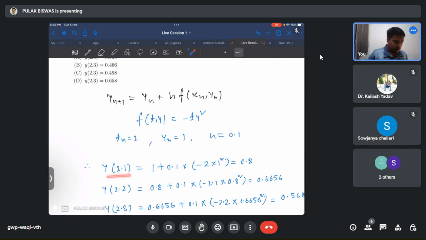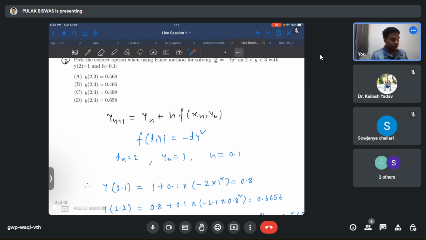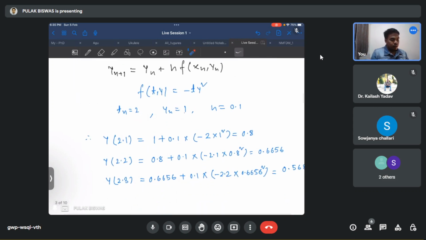So this is simple: y's value at 2.1 will be the initial value y1 plus h, given as 0.1, multiplied by the function, the right hand side. If you put this in, it is coming like this. Now in order to calculate y's value at 2.2, we will be using y's new value, this one.